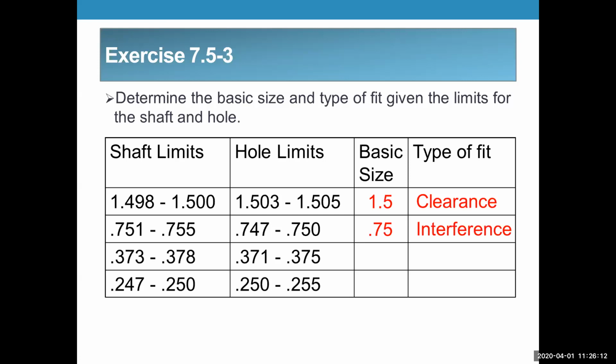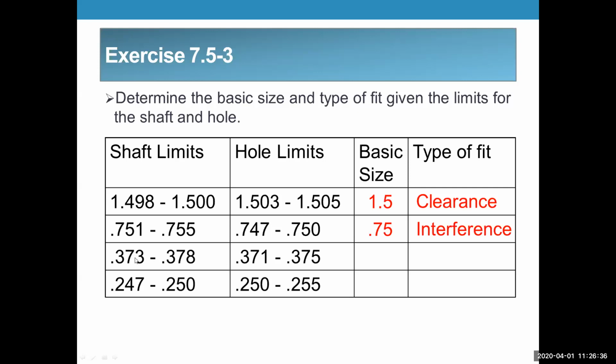So now let's look at the third example. Basic size? 3/8, 0.375. Looking at my largest shaft and smallest hole, I've got interference, don't I? Sure, 7 thousandths bigger.